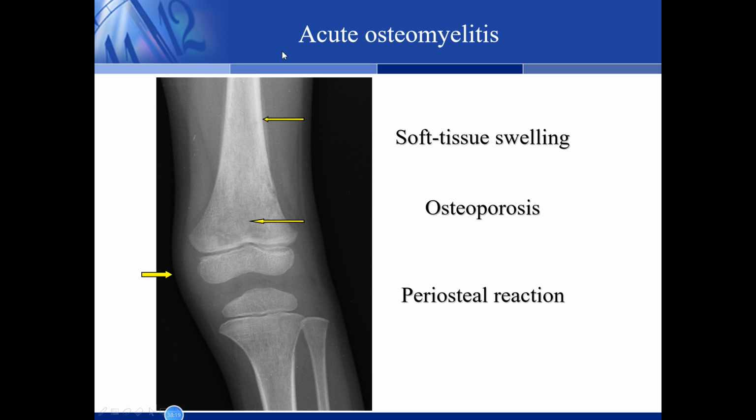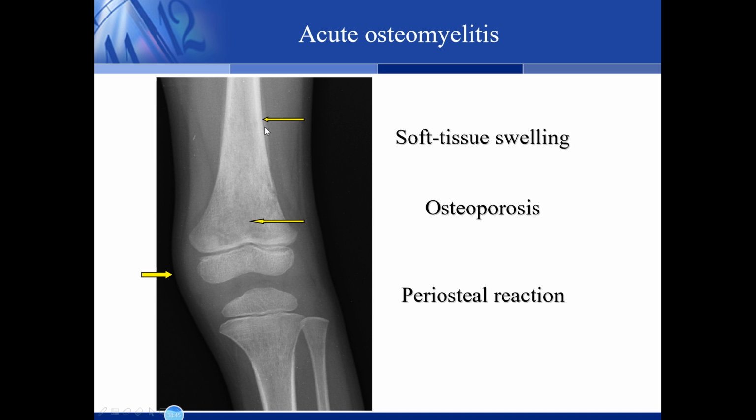This is acute osteomyelitis. First, we will find the surrounding soft tissue is swollen. And osteoporosis, here osteoporosis, in the distal part of the femur.